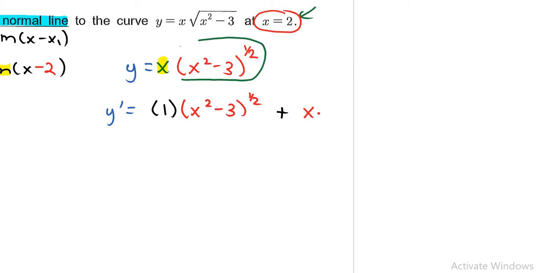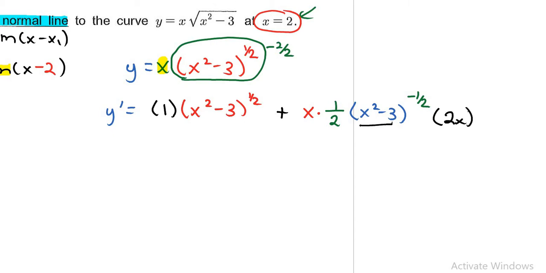Now, if I take the derivative of the second term, I have to use the power rule first, so the 1/2 comes in front, and then I would write the x squared minus 3, and then I need to subtract 1 on the power there, so 1/2 minus 2 over 2 is negative 1/2. And then you would take the derivative of the inside, and the derivative of the inside there is going to be 2x, and then I would close the bracket there.